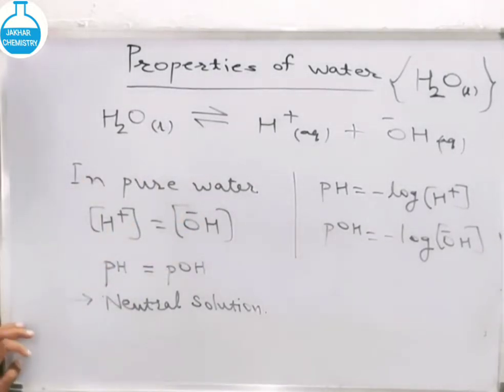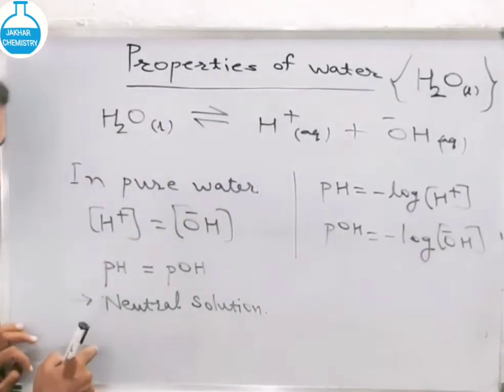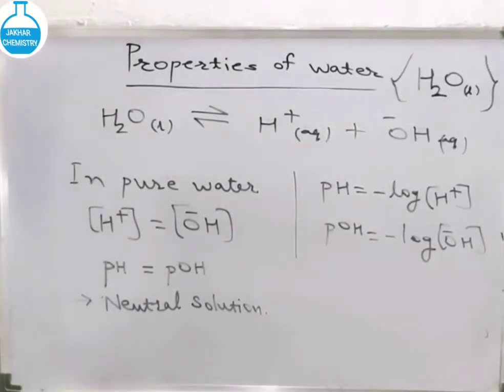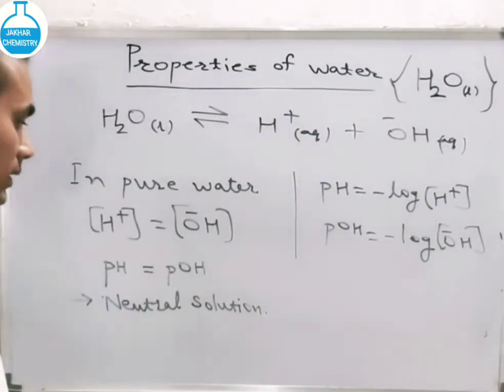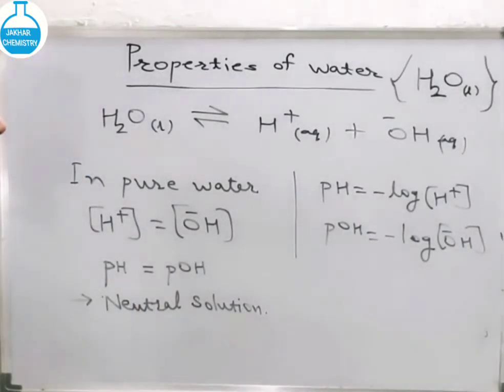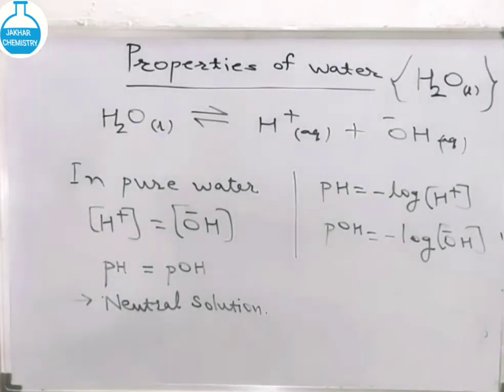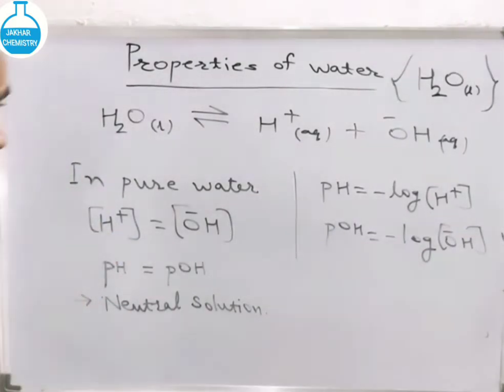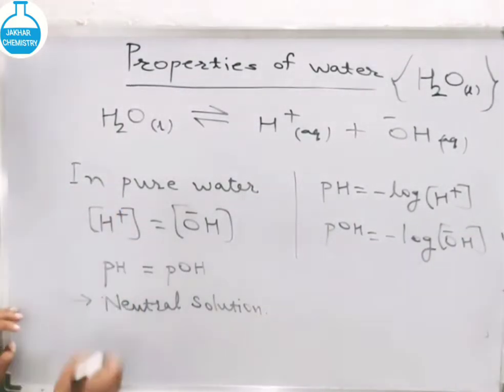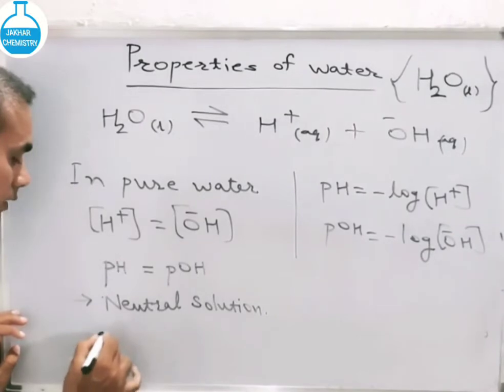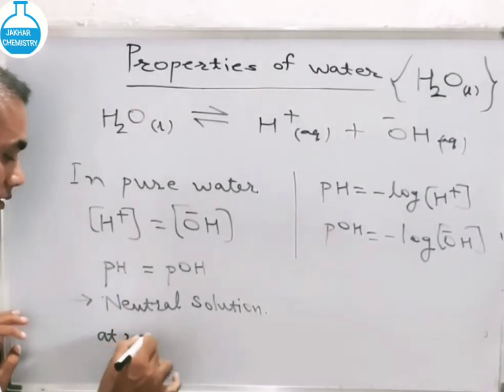Now, for pure water these things are always applicable, but if we change the temperature, then what is the effect on dissociation of water? We have to discuss that also here. So first we are taking 25 degrees centigrade.